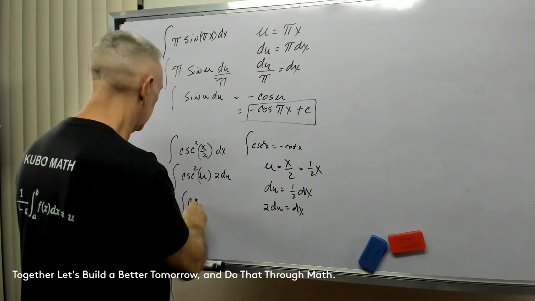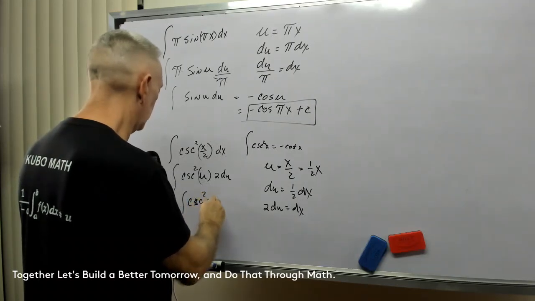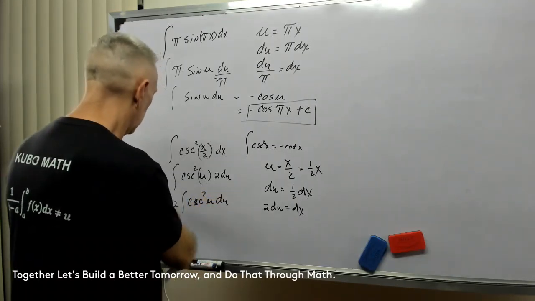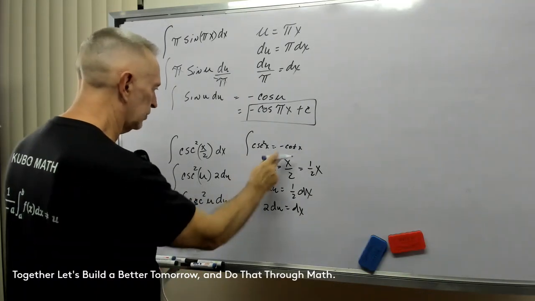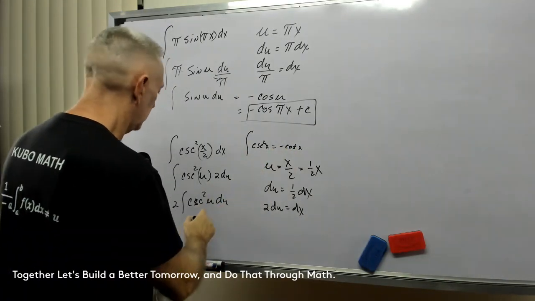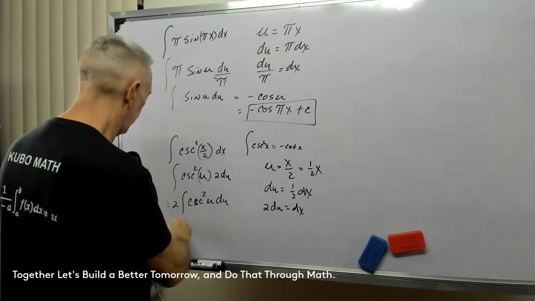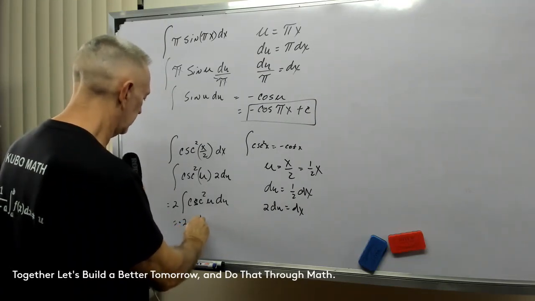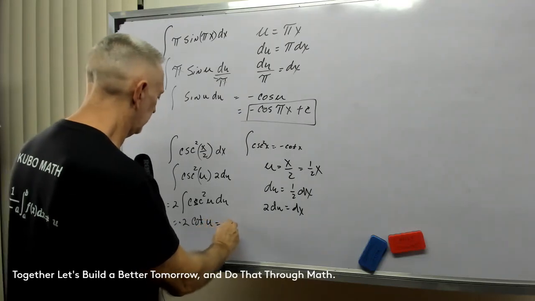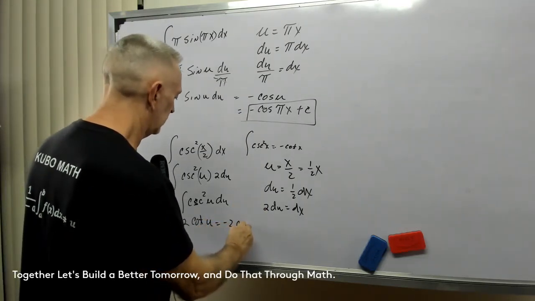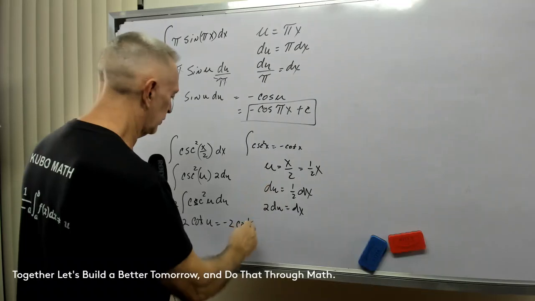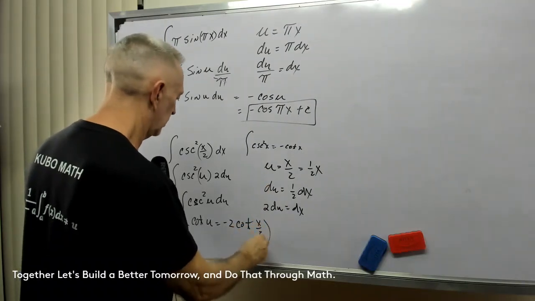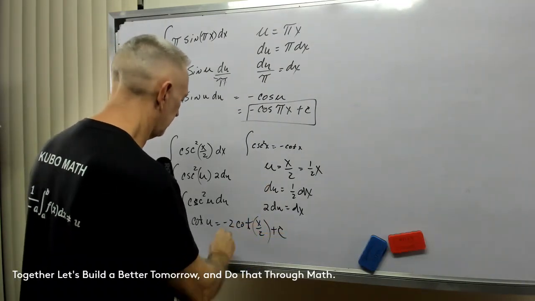Cosecant squared u du, and that equals minus cotangent u. So we'd have minus 2 cotangent u, which is minus 2 cotangent of x over 2 plus c.